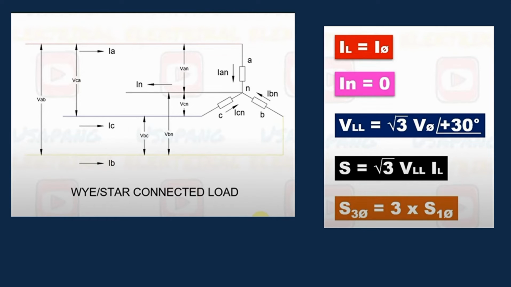So, for this three-phase Y-connected load, ito yung line current. Ang halimbawa ng line current dito sa diagram ay ang IA, IC, at IB. Ang phase current naman, ito yung dinadaanan ng flow ng line current, at ito ay ang IAN, IBN, at ICN.